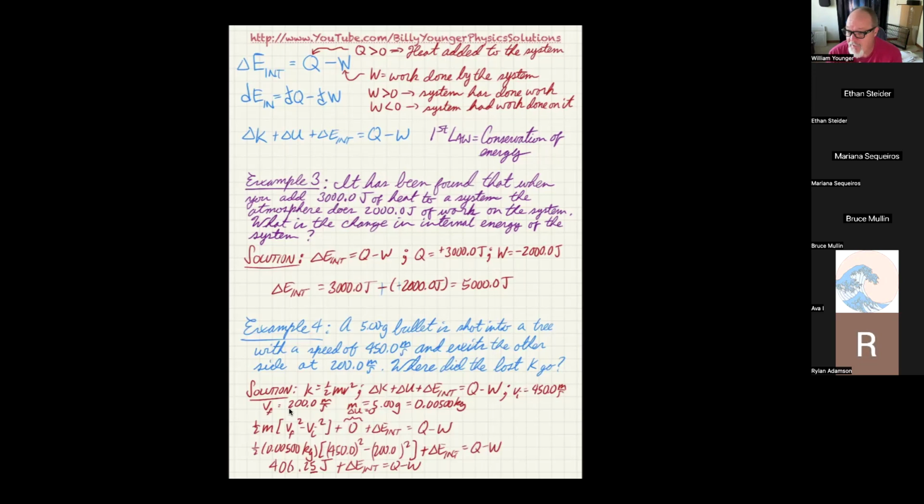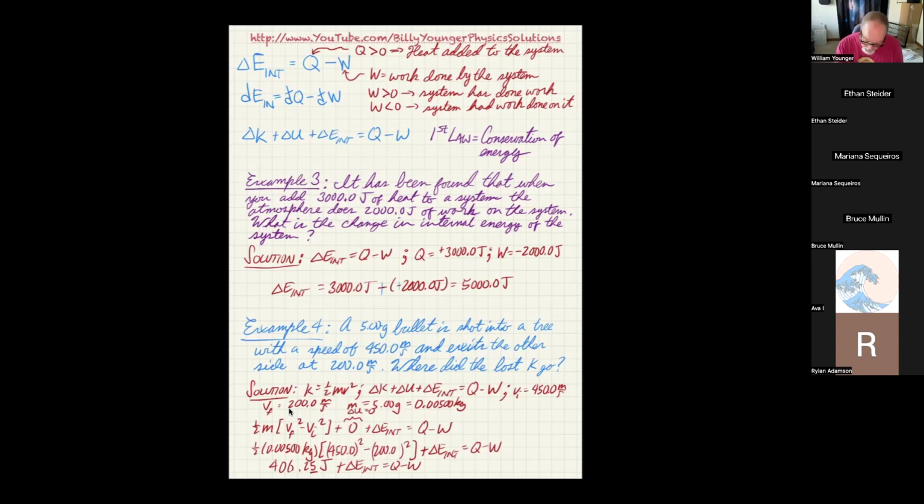Since the tree and the bullet were the system, you don't count the work done on the bullet by the tree as work. So that's just left out. So no work is done on or by the system by outside forces, nor is any heat added, because no energy was transferred to or from the system due to a temperature difference outside of the system. Thus, the kinetic energy gets transferred into internal energy of the bullet tree system.